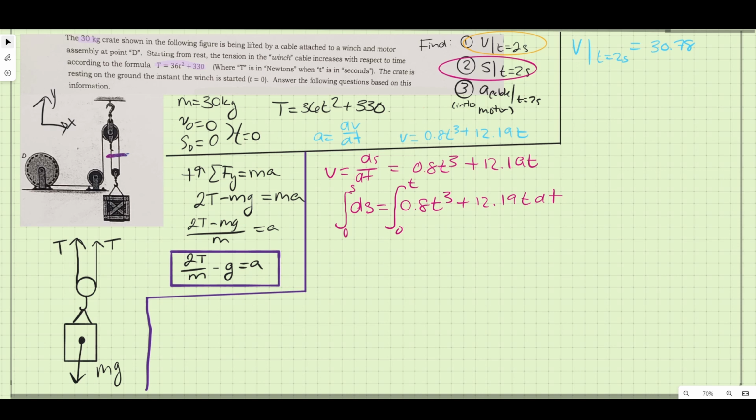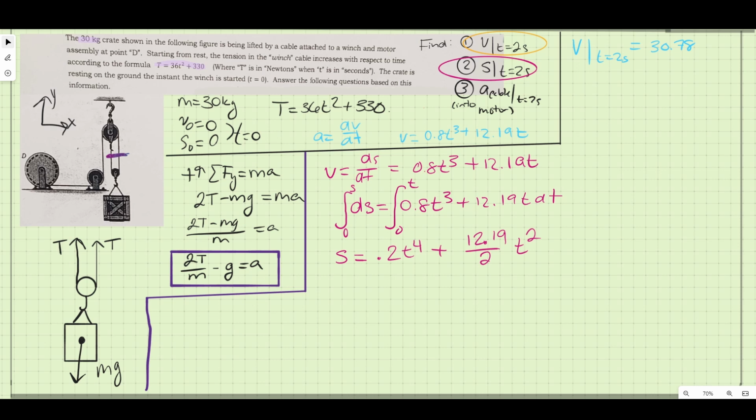And from here we will integrate our problem, and we'll end up with s equaling, let's see, 0.8 divided by 4, we're going to end up with 0.2 t to the fourth plus 12.19 over 2 t squared.